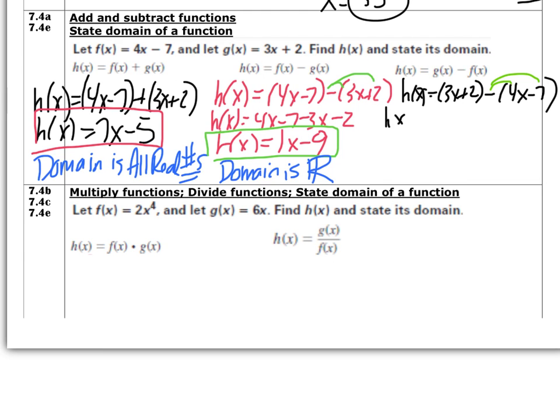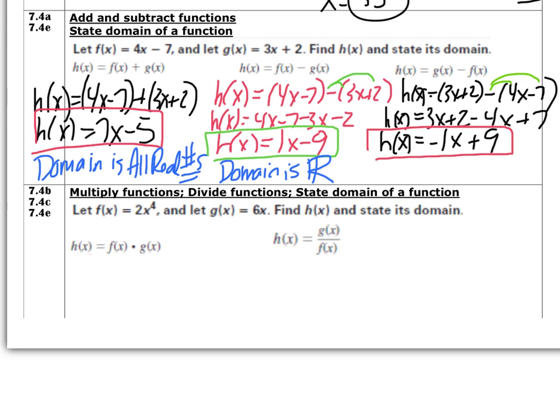H of x equals 3x plus 2 minus 4x plus 7. Add your like terms together. 3x minus 4x is negative 1x. Plus 2 plus 7 is 9. So our answer here is h of x equals negative 1x plus 9. The domain in this case, again, I can put any value in for x and it works. So I'm going to put the domain is all real numbers.